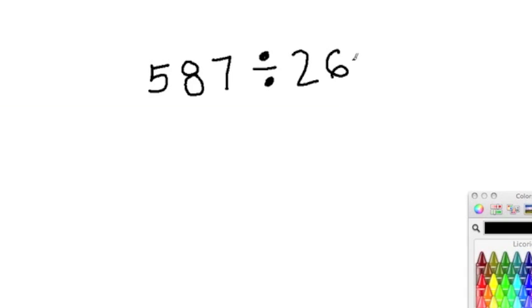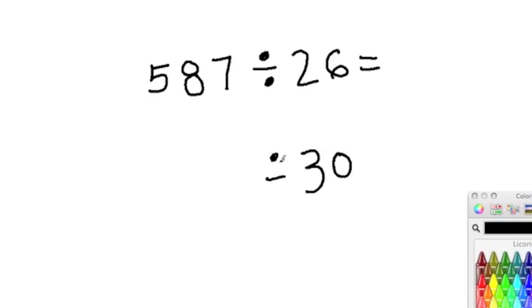Trying one more problem, we're going to work with 587 divided by 26. So again, we're going to start with our smaller number, 26 here. And rounding 26, let's go up to 30, just because that's kind of normally what we would round 26 to.